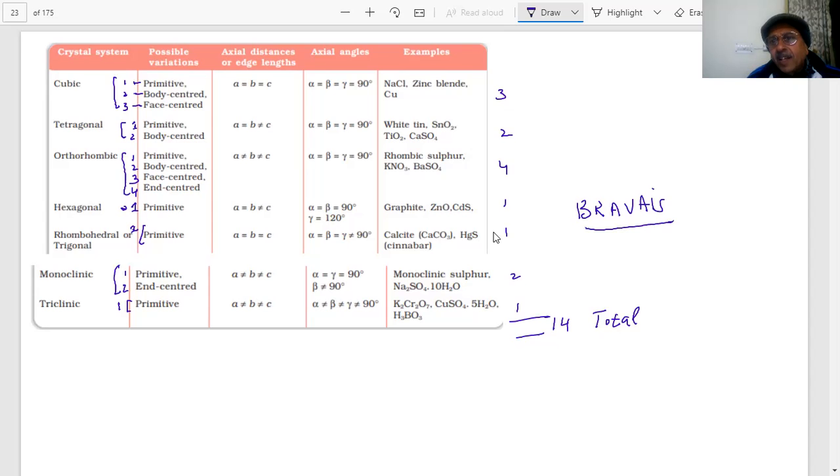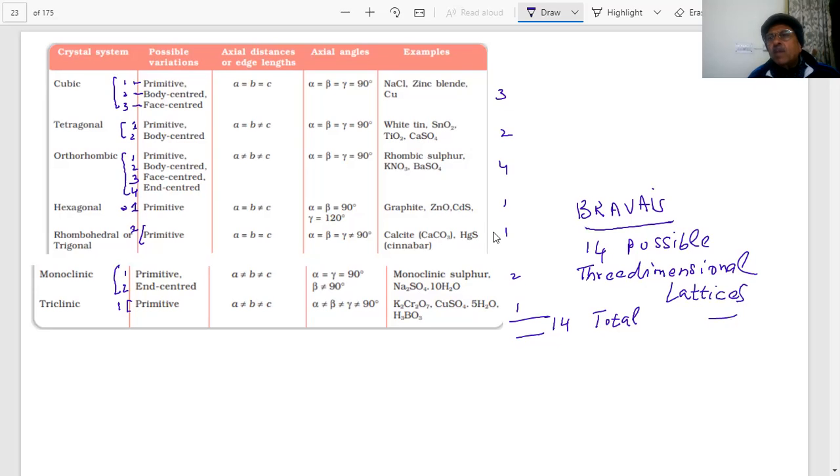Mathematically, he said there are 14 possible three-dimensional lattices, students.